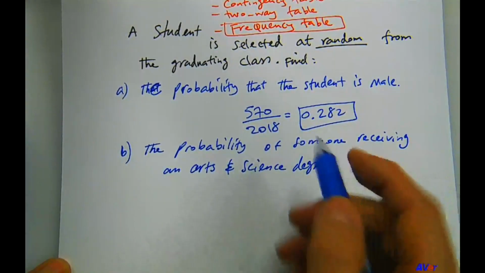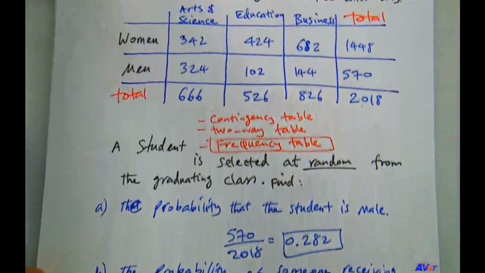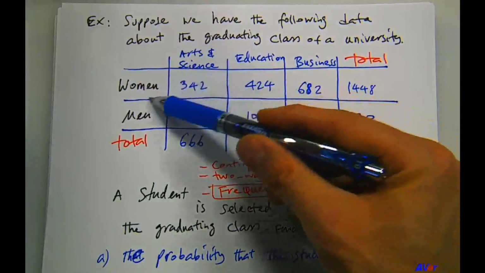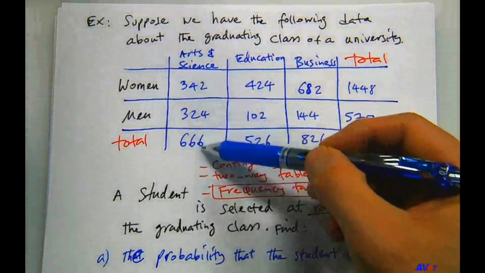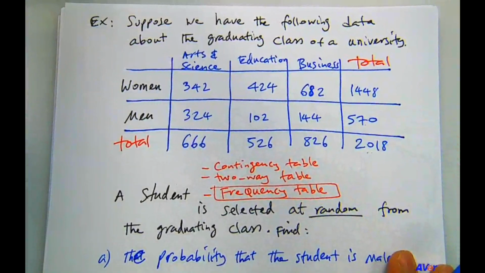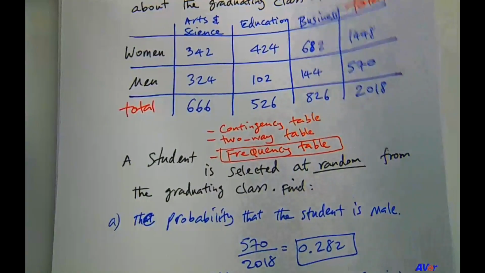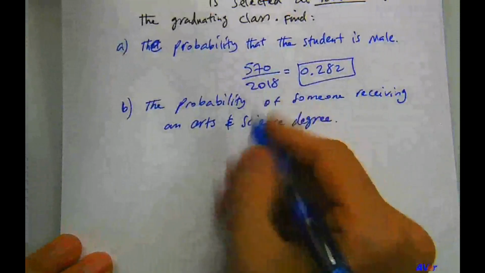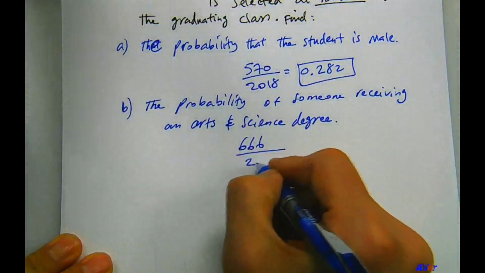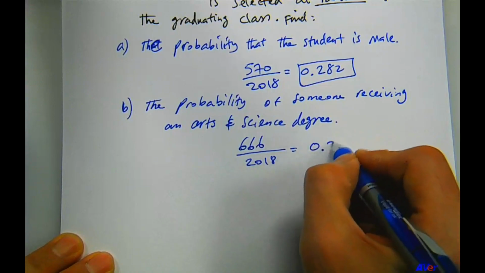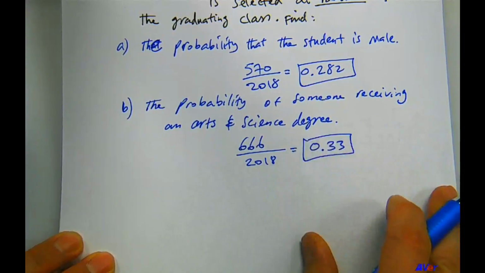Okay, so let me scroll back up to the data. The arts and science degrees of both genders, women and men, the total is 666. So we divide that number by 2018. And we have 0.33.